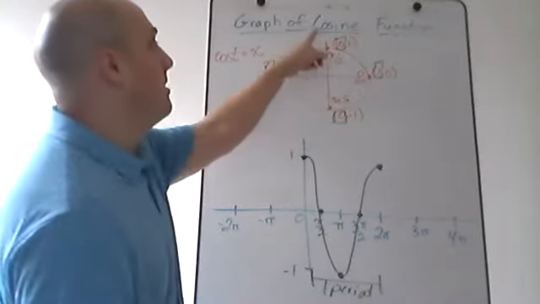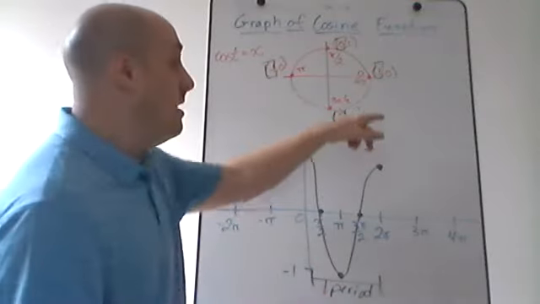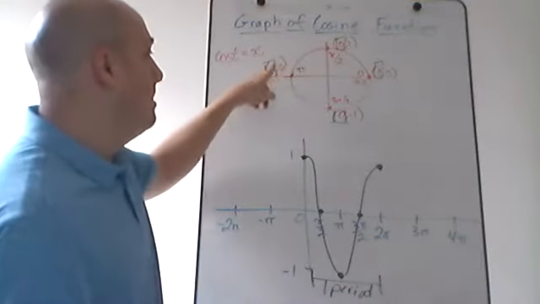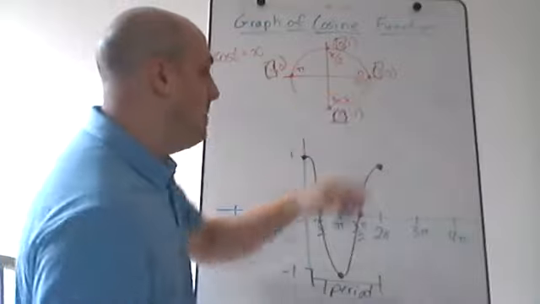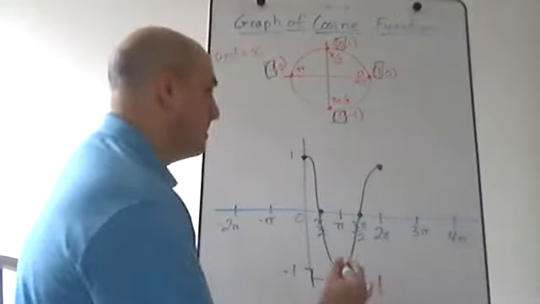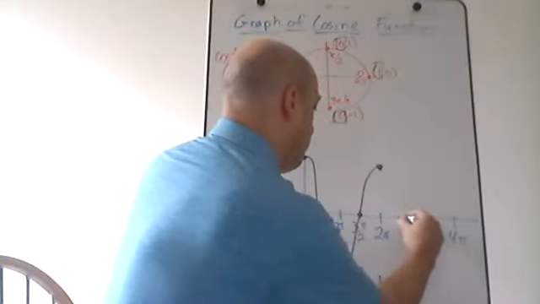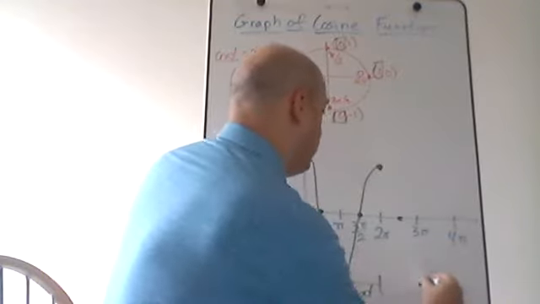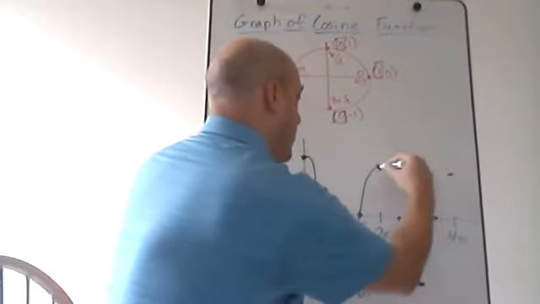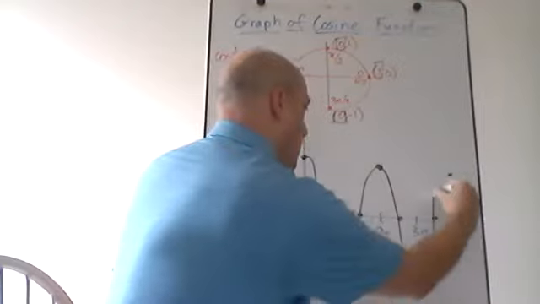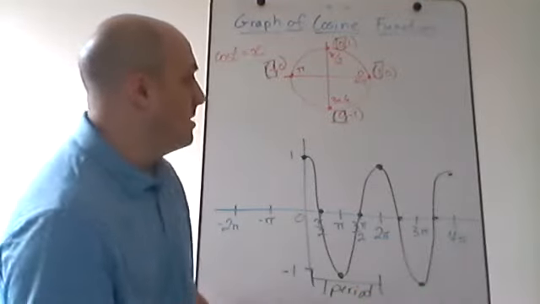And then as we start moving around the unit circle again, it does the same thing. We go from 1 down to 0, down to -1, back up to 0, back up to 1. There's my second period of the graph of the cosine function.